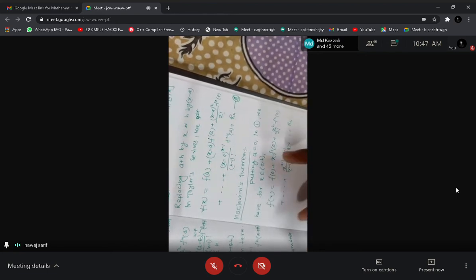So this is the Maclaurin's series expansion, when you put a equals 0.